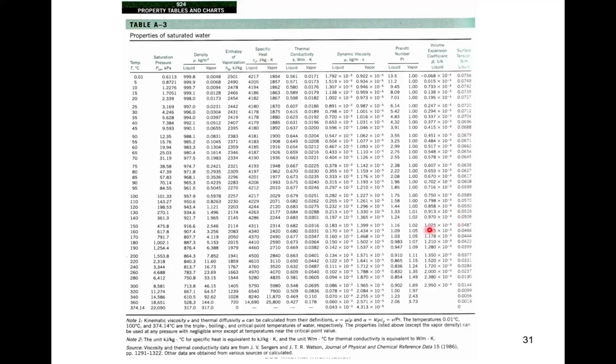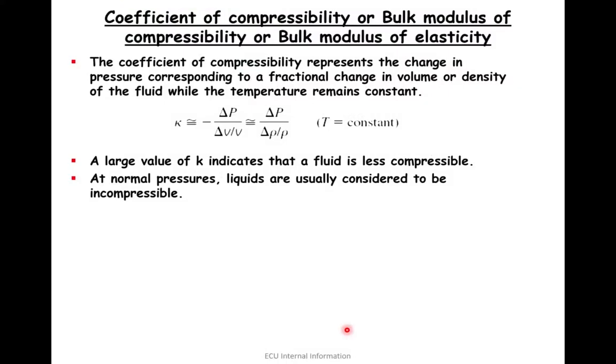These are the columns that we're using, and you need to be familiar with how to use this table. Basically, if the temperature is given, we go through the column for the property we are after and find the value. Always read the number here, and this is very important. The information here is important to note.